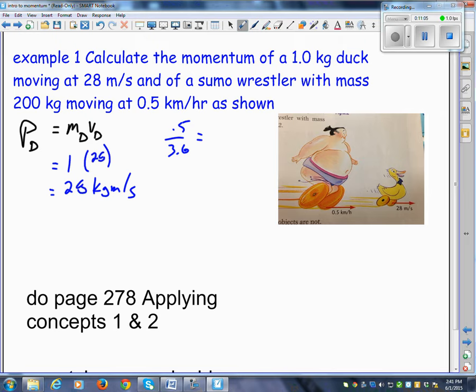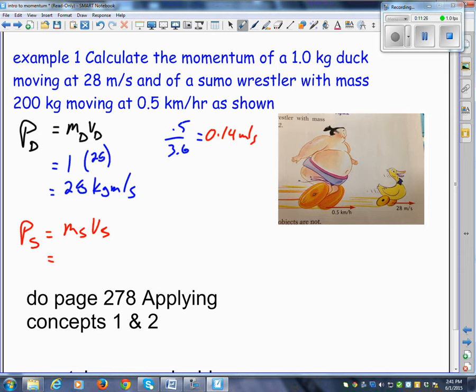Is that right? Yeah. 0.14 meters per second.